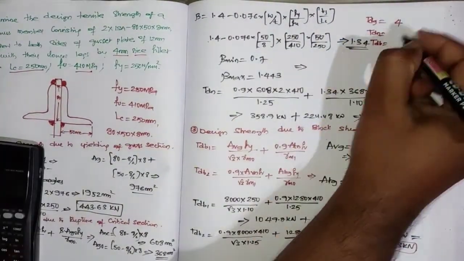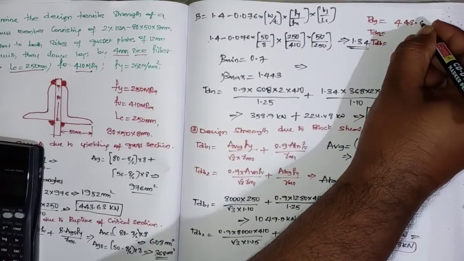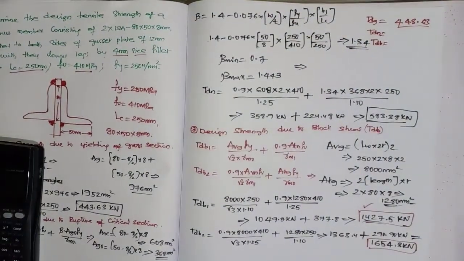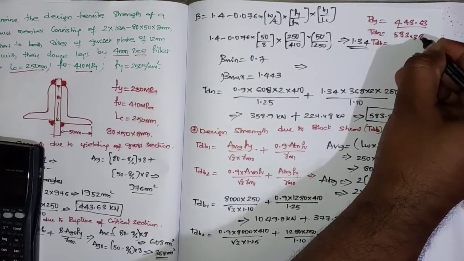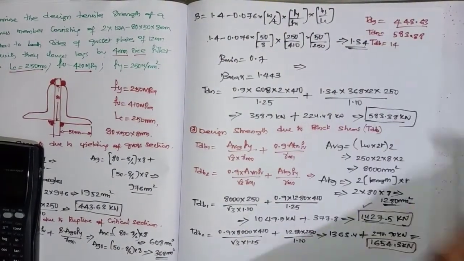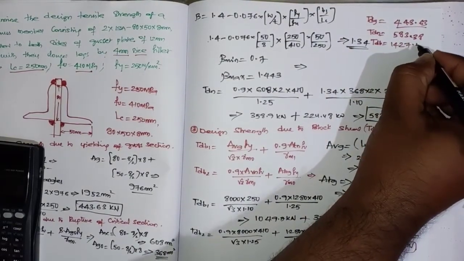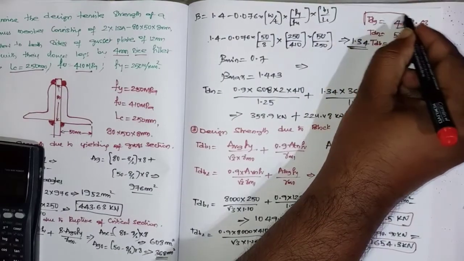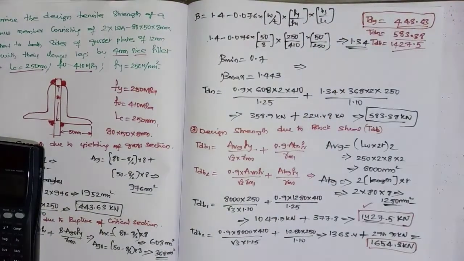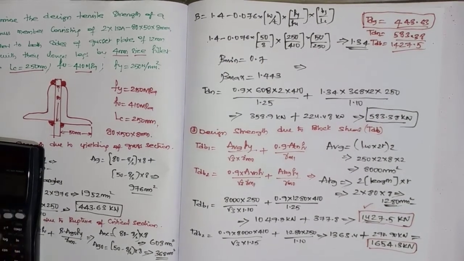It is 443.63 kilonewtons, and Tdn is 583.38 kilonewtons, and Tdb is 1427.5 kilonewtons. Okay, so out of these three, the design tensile strength is what? This one, 443.63. Okay, so I hope you understood these two problems.